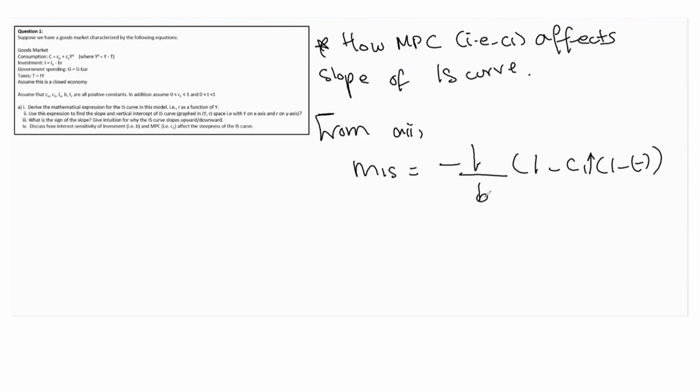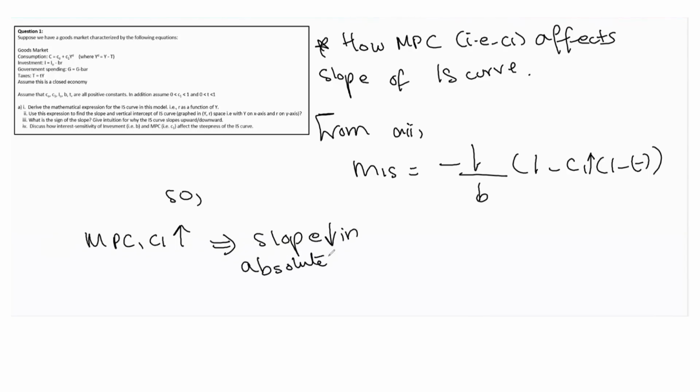So here we're increasing C1, right? So we can see over here, as MPC, or C1, increases, the slope decreases in absolute value. It will decrease in absolute magnitude, right?